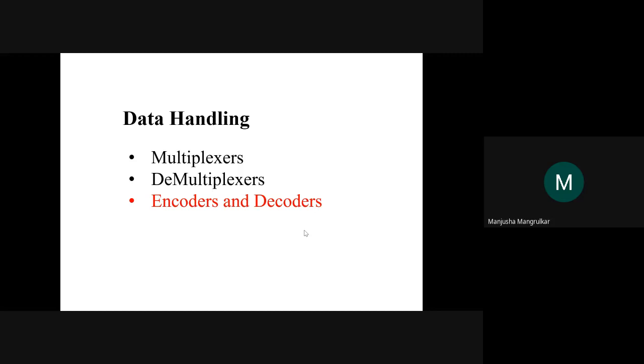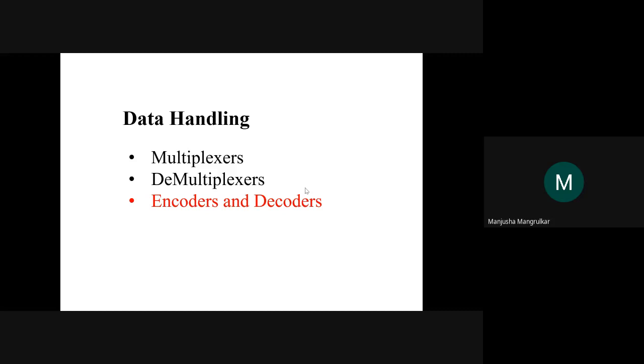What do you mean by the encoder and decoder? What are the applications of encoder and decoder? As we know from the last lecture, in a multiplexer, when we give one input, we get multiple outputs.